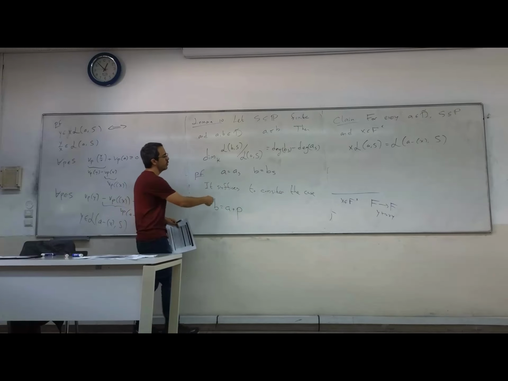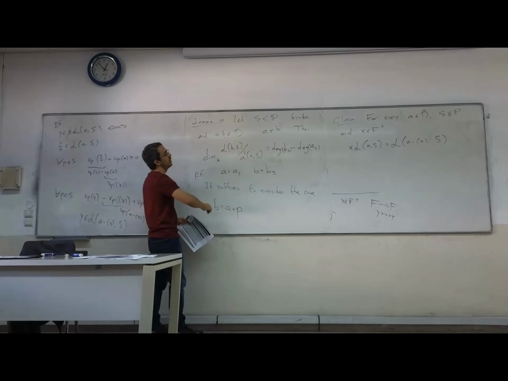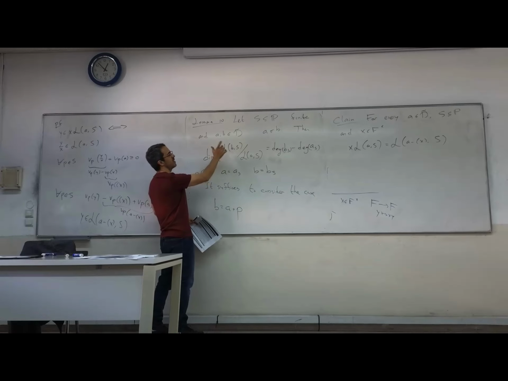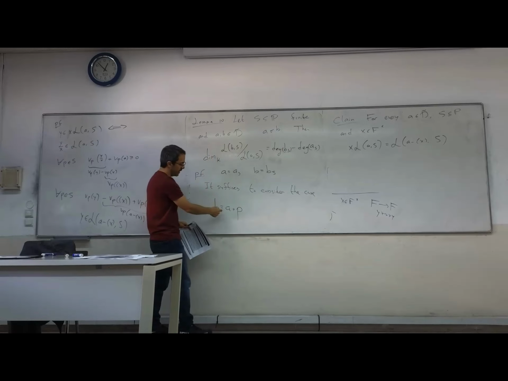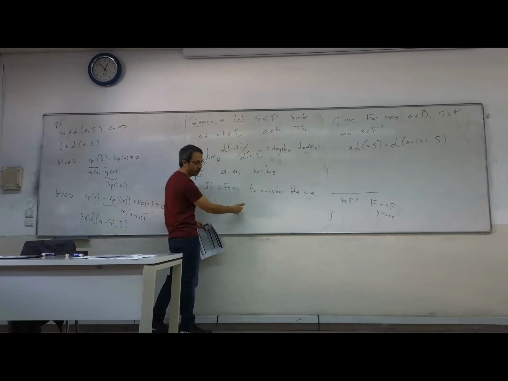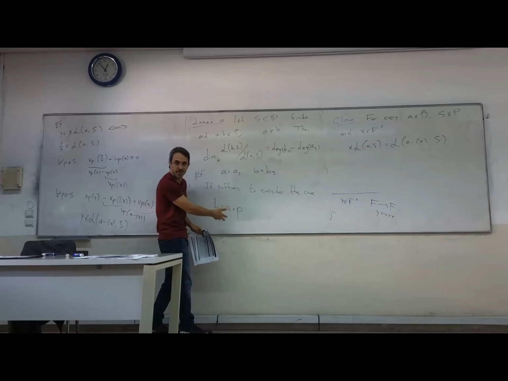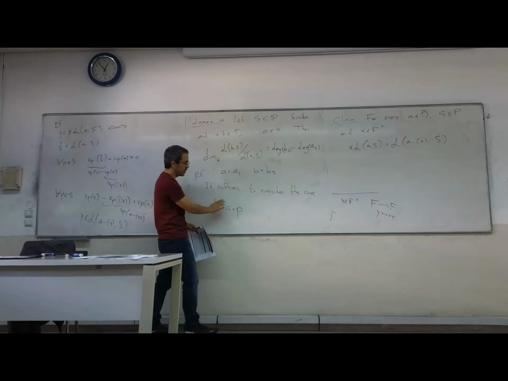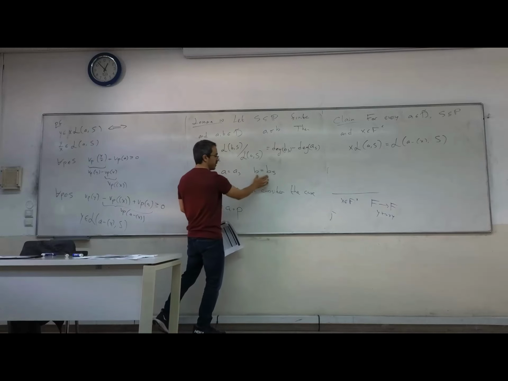The idea is that B is larger than A, and we are within S. S is a finite set, so B is A plus some finite number of primes. Maybe one of them appears many times, but finitely many, because I'm only considering the S parts of them.